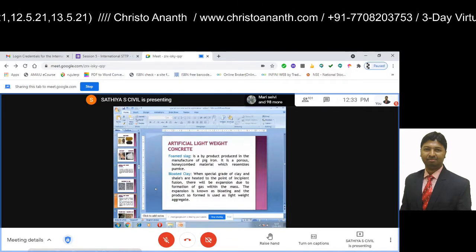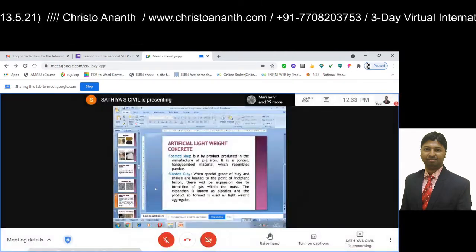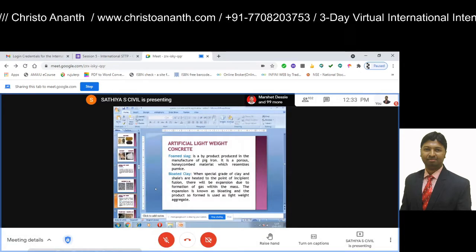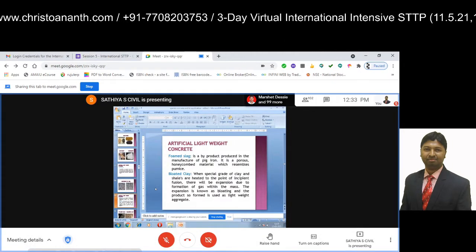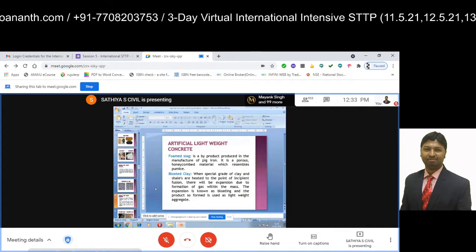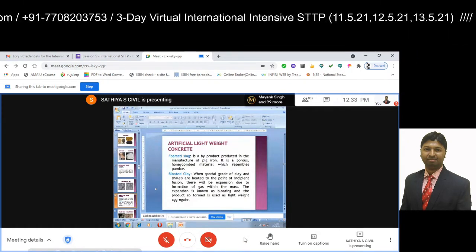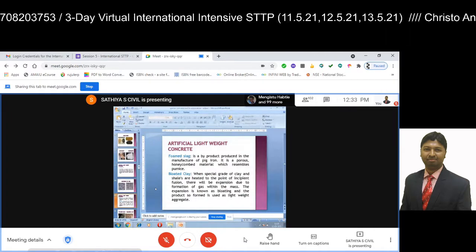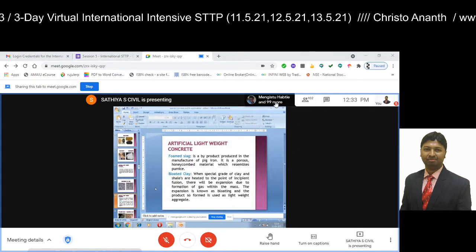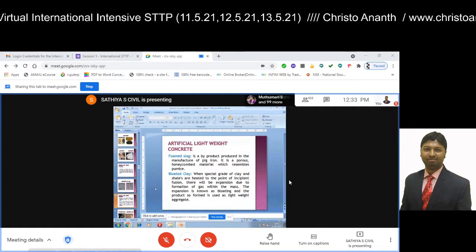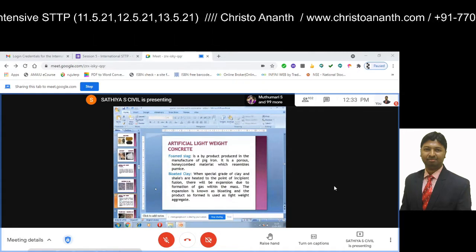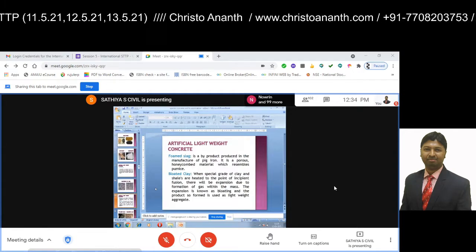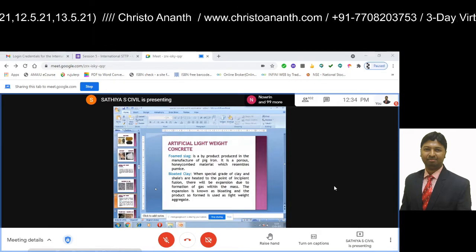Then the next example for artificial lightweight aggregate is foamed slag. It is a byproduct produced in the manufacture of pig iron. It is a porous honeycombed material which resembles pumice. Then bloated clay. When special grades of clay and shales are heated to the point of incipient fusion, there will be expansion due to formation of gas within the mass.